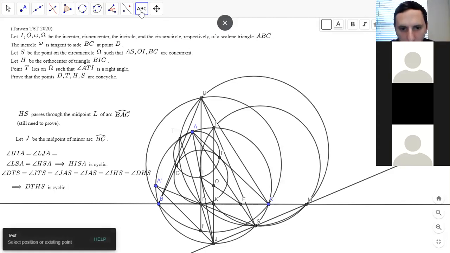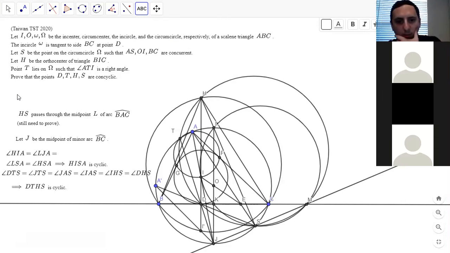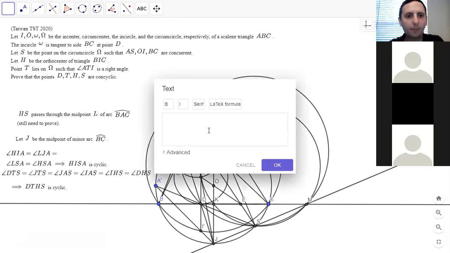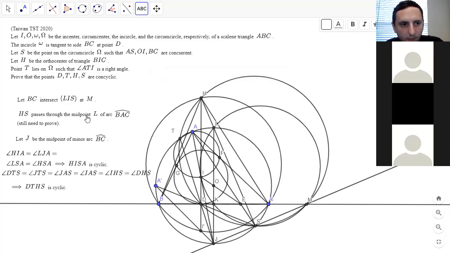So let L... wait, do we need point M? Okay, so let BC intersect the circle LIS at M. And then angle LKM.